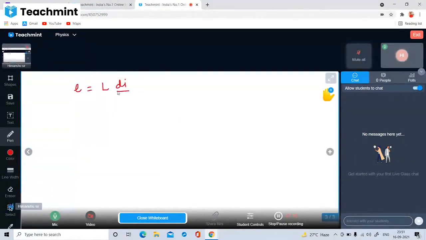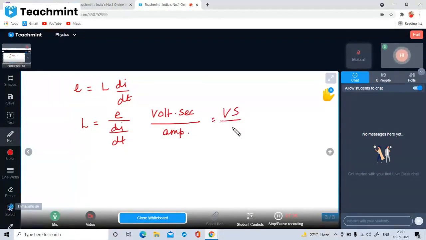L di by dt, and solving for L we can get E by di by dt, right? So EMF is volt into second upon ampere, or volt second per ampere, which is Henry, it can be written as Henry or 1H.